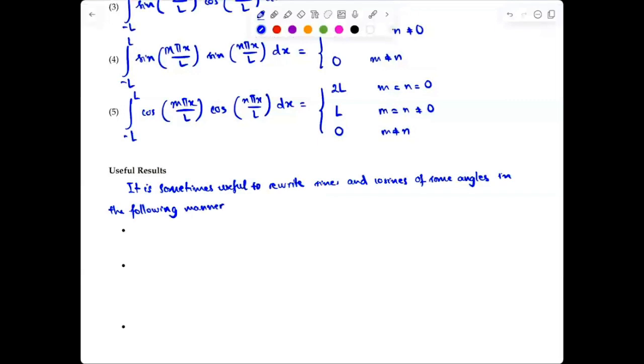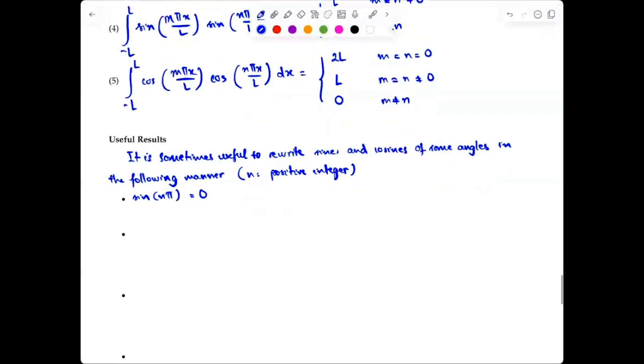So you have seen some of this already, but let's try to do this again. In this case, we're going to make an assumption that n is a positive integer. So you have sine of n pi. Sine of any multiple of pi is going to be equal to 0, right? So n equal to 0, you have sine of 0 is 0. When n equal to 1, you have sine of pi is equal to 0, and so on and so forth.